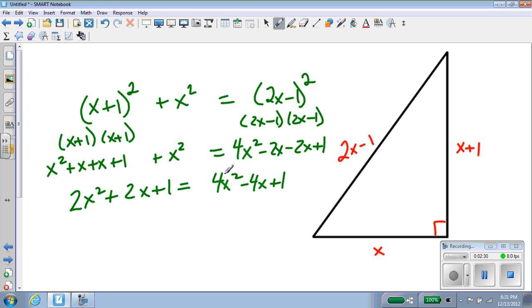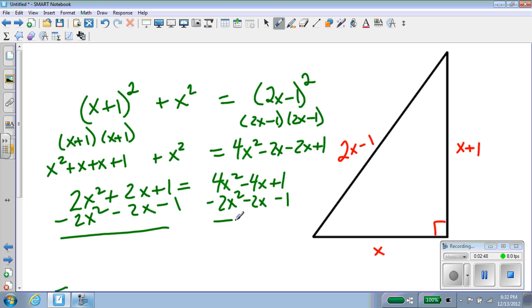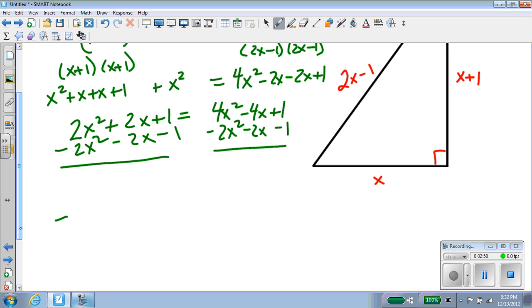I have more x squareds over here, and it's easier for me to factor if my x squared term is positive. So I'm going to move my terms over to the right side. So I'm going to get 0 equals 2x squared minus 6x.